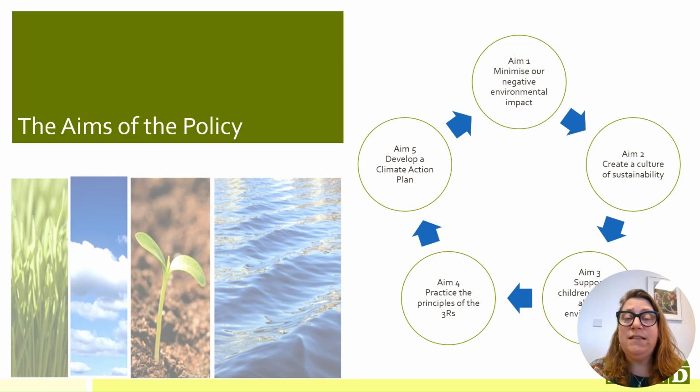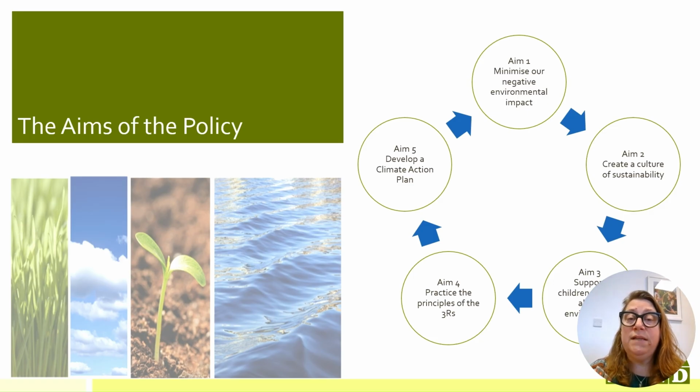So firstly, our template covers 5 aims, with the 5th being the CAP itself, the climate action plan. The first aim is to minimise our negative environmental impact. The second aim is to create a culture of sustainability within and around our settings. The third aim is to support children to learn about environment issues.